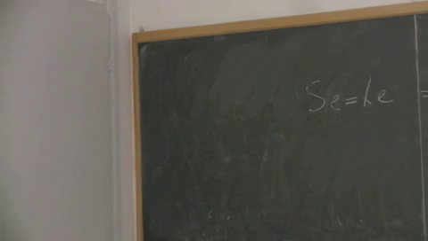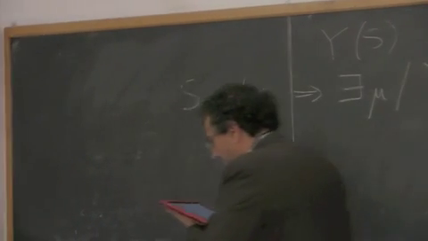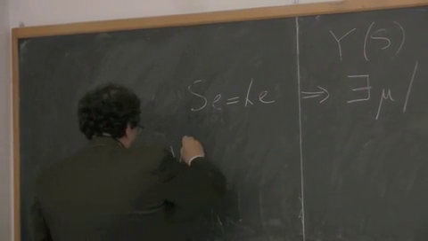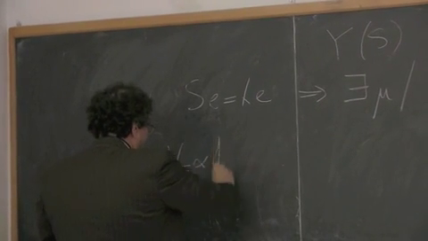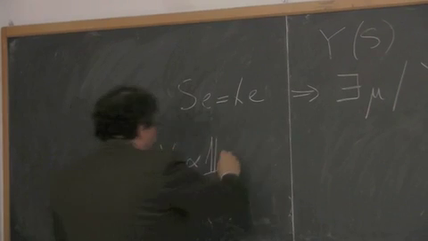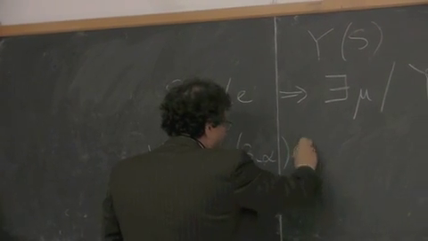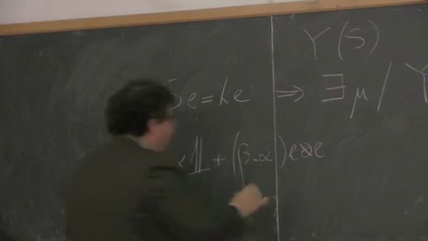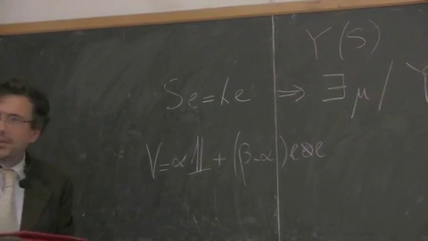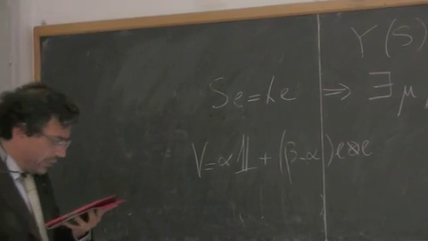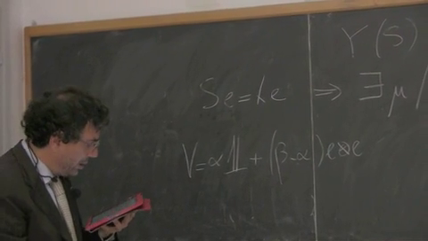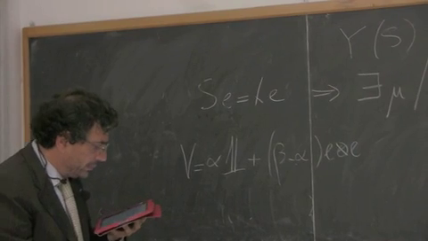Okay, so next step. Assume that V is equal to alpha identity, as we have seen before, plus beta minus alpha E tensor E, which is the case of two distinct eigenvalues. Okay.